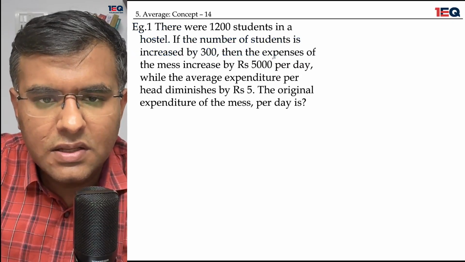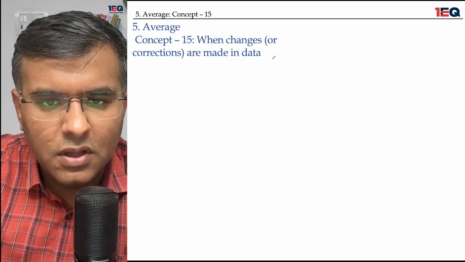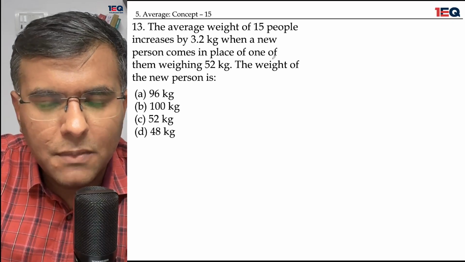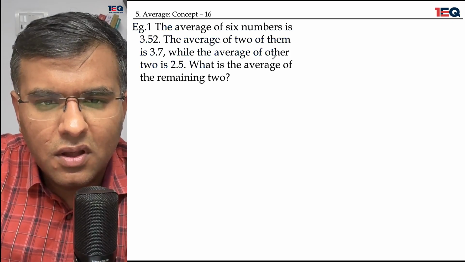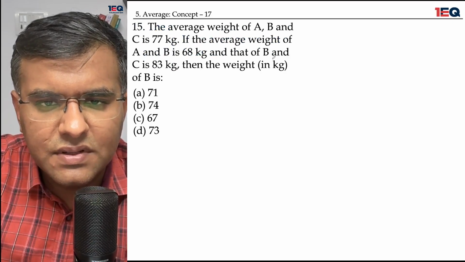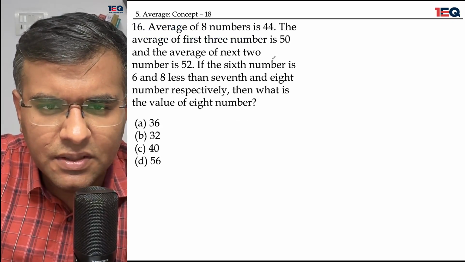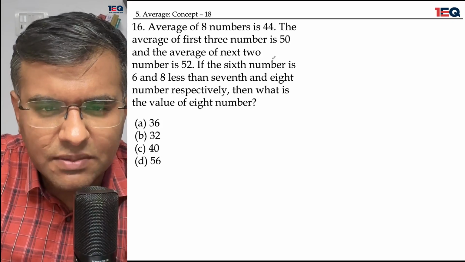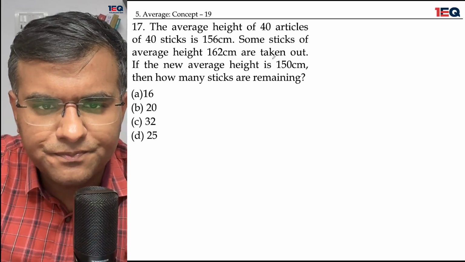Okay, there is one question here and another question here, and there are now concepts of data, then talking about averages: average of selected observations, average of weighing together, deviation method, sorry, average of the first three numbers. I'm just quickly going through everything that has been taught, that will be taught.